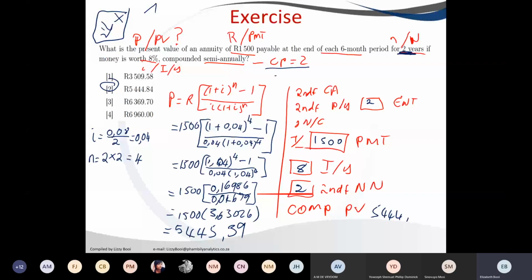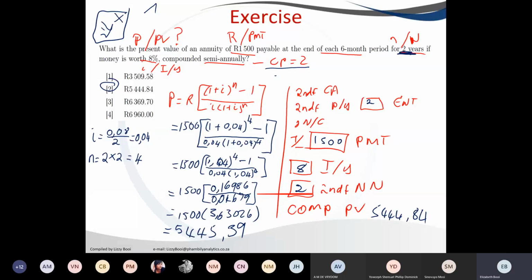Then say that is your payment, PMT, and then you say 8 is I/Y, and 2, second function N again, and you say compute PV, and the answer I get is 544.84284, which if I round it to 2 decimals is just .84. And that's how you answer the present value of an annuity question.